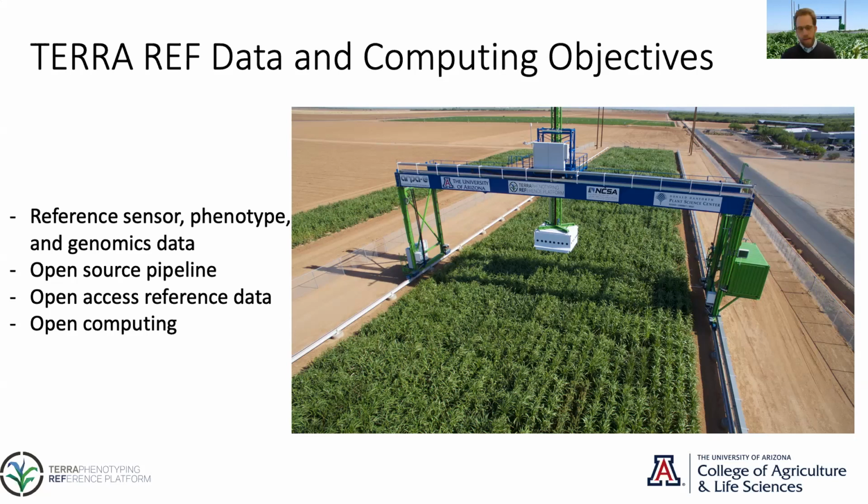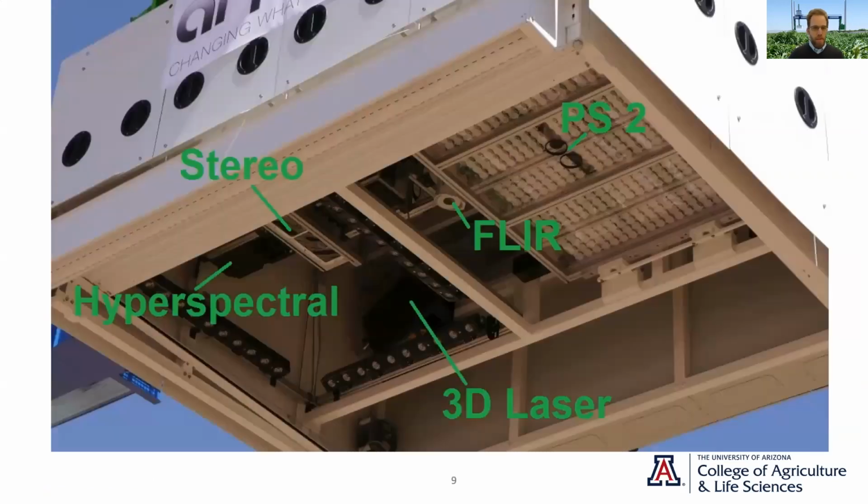And finally, to provide people with computing resources required to analyze these data sets. This machine is capable of generating terabytes a day, and so it's non-trivial to analyze data from an entire season, much less the 10 seasons that we've had so far.